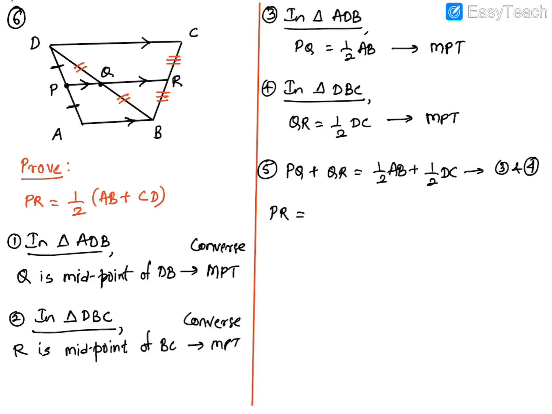Check the figure. PQ plus QR are collinear points, so we'll get PQR, that is PR. And half of AB plus DC: I'll take half common out here. If I take half common, what will I get in brackets? AB plus DC. And that is what you are asked to prove. Hence proved.